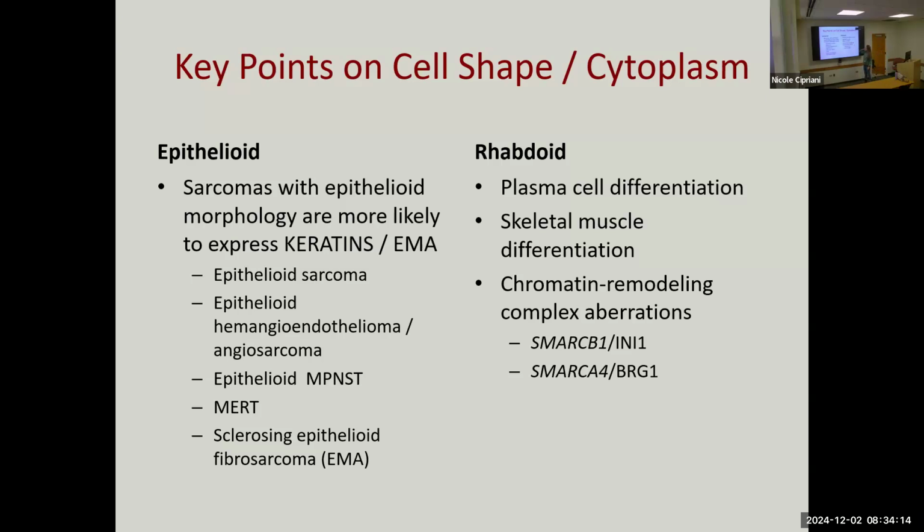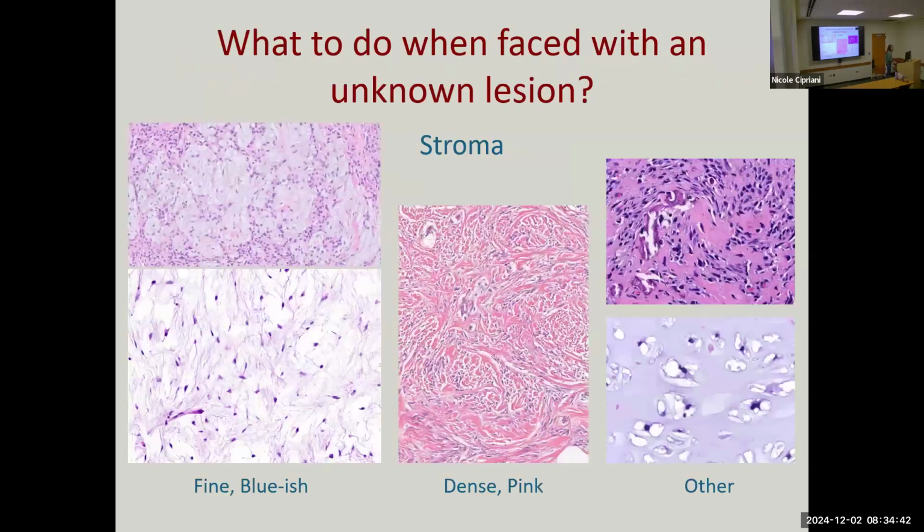Things that are rhabdoid have also characteristically been described in this subset of tumors that have chromatin complex remodeling aberrations, so the INI1, the BRG1 tumors. So when you see rhabdoid or plasmacytoid, think true plasma cell, true rhabdo, or INI-BRG. And if those all don't work out, then we think from there. But always consider those three if you see rhabdoid.